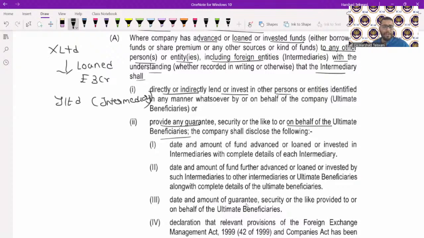He is not the ultimate beneficiary to whom the loan was supposed to be given, but he's the intermediary.